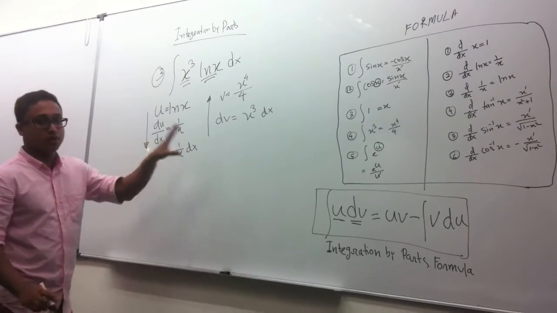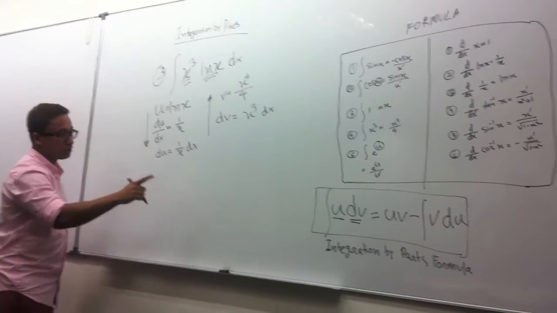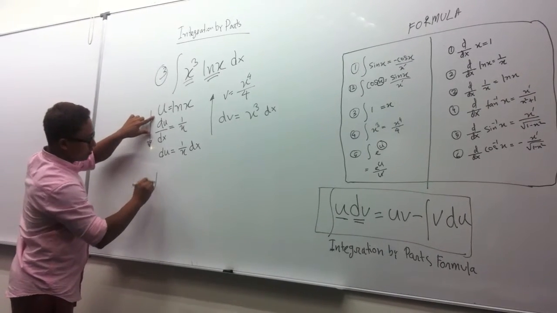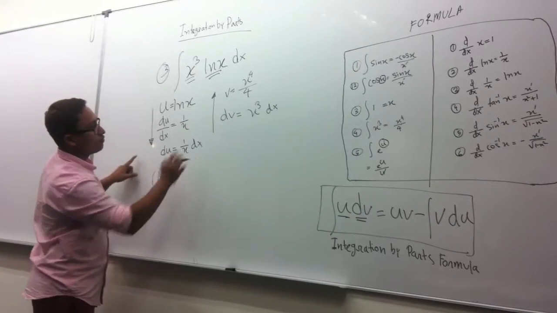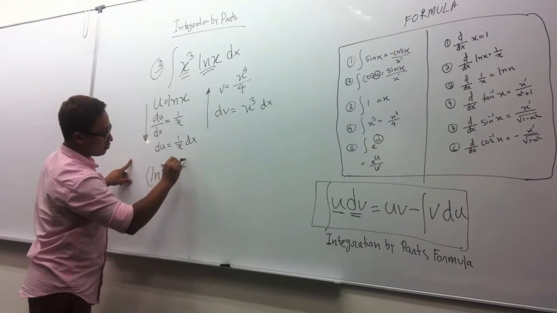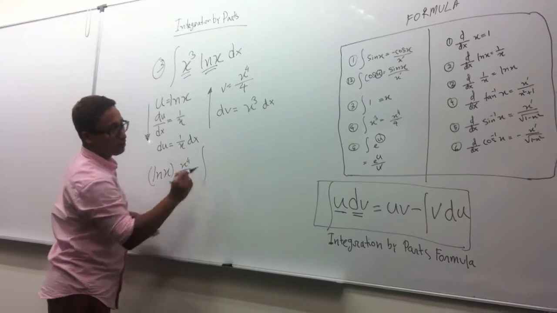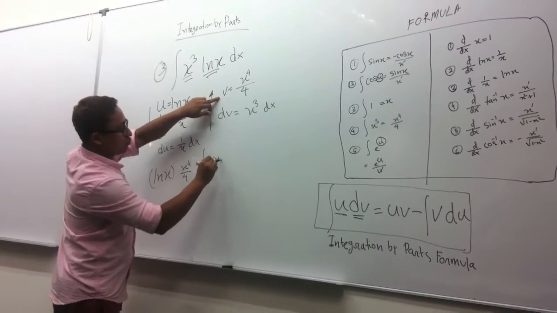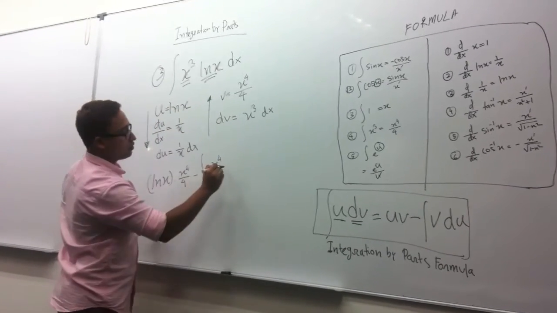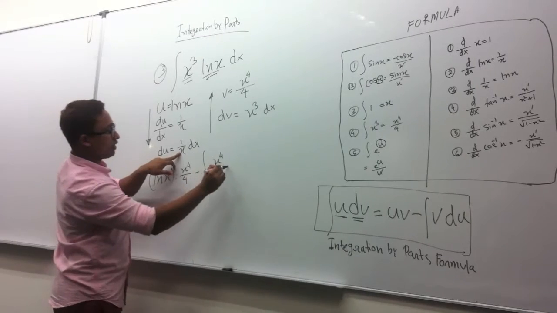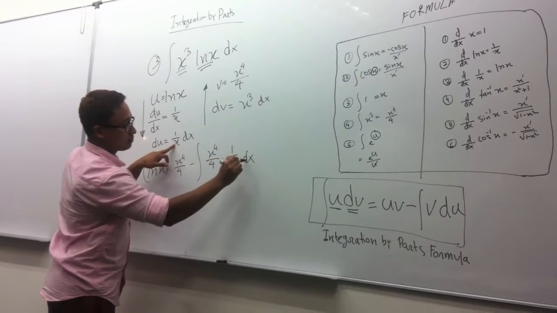Now we're going to put these two back into our original equation. u is ln x, v is x to the power 4 over 4, so uv minus the integration of v du, where v is x to the power 4 over 4 and du is 1 over x dx.